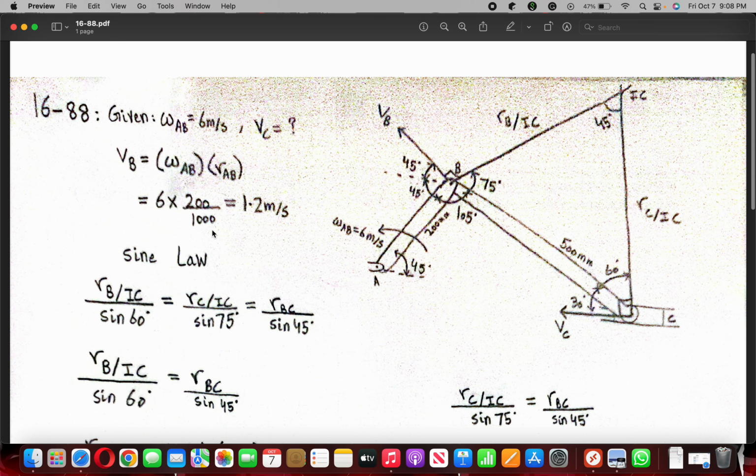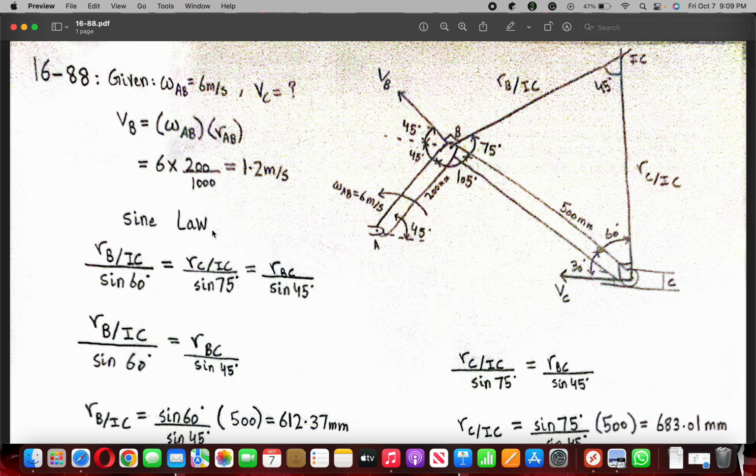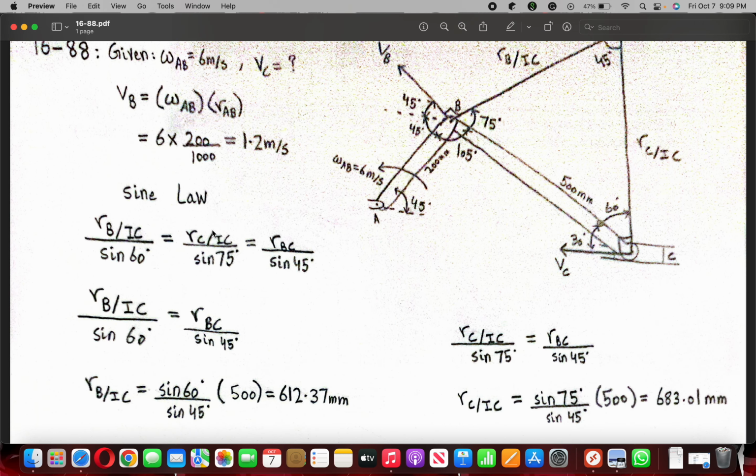And now we have to know the length of B relative to IC and C relative to IC. To find these lengths, as we can see, this is a triangle and we have all the angles inside it, and we have one length, which is BC, given to us as 500 millimeter. So we can use the sine law over here to get r B relative to IC and r C relative to IC.